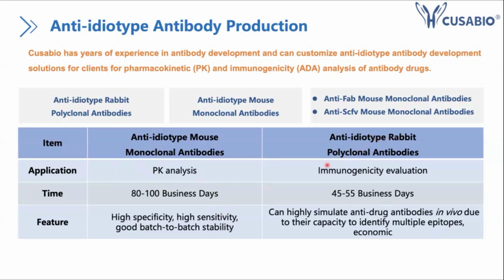And for the polyclonal antibody, you can perform the immunogenicity evaluation, because this one will mimic the ADA situation in the real samples, and tell you how good your sample is and how much ADA is in your sample. So Kusabio has years of experience in antibody development, so we can customize the anti-idiotype antibody and provide these solutions for our customers for PK and immunogenicity analysis. So overall, this is the end of our talk today.